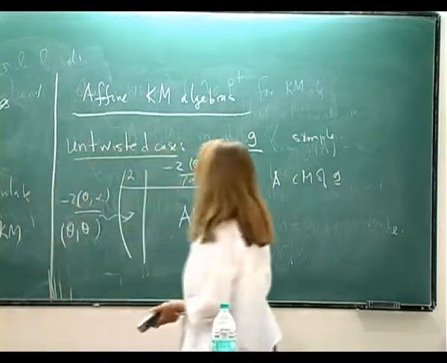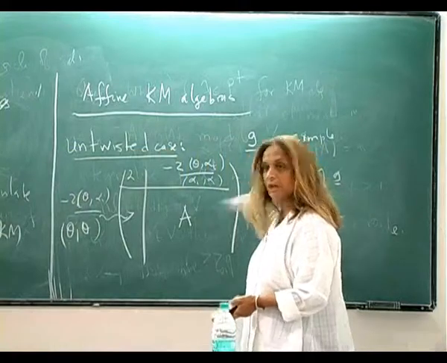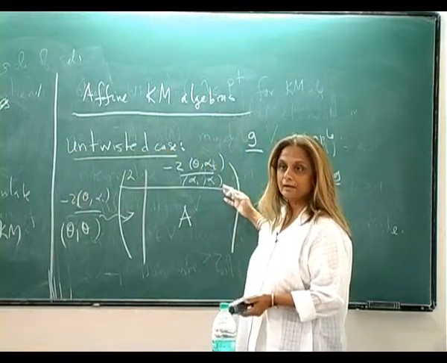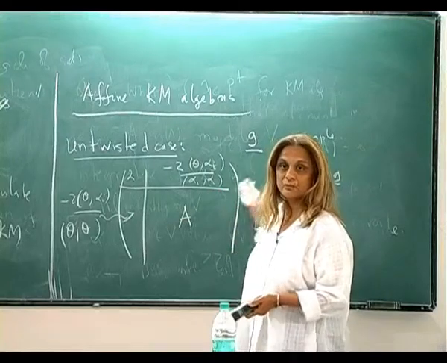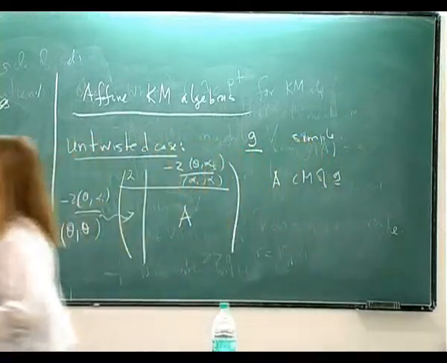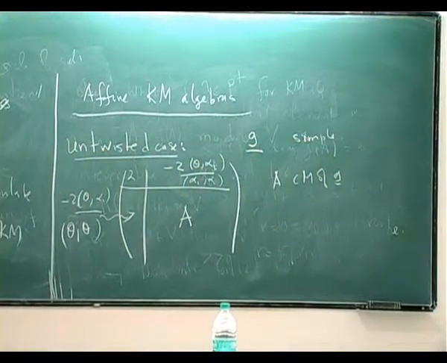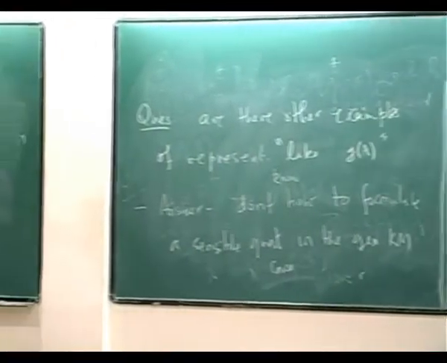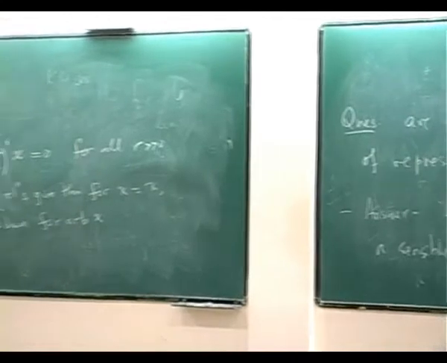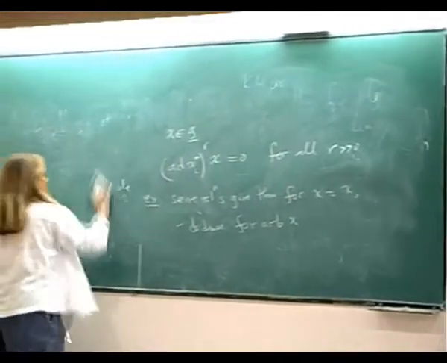So it wouldn't be unreasonable to hope that the associated affine Lie algebra is related to this Lie algebra G, right? When you have so much control of the Cartan matrix, you should expect to have control of the Lie algebra. And that is what makes the affine case tractable.